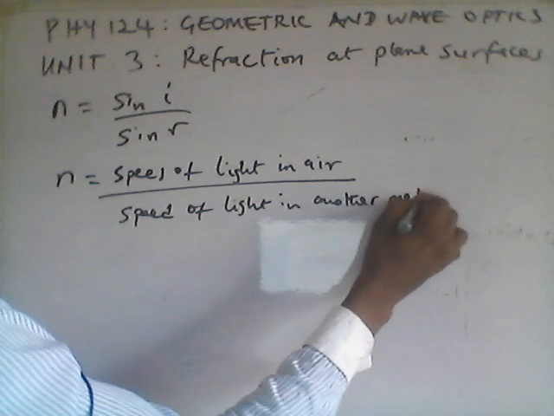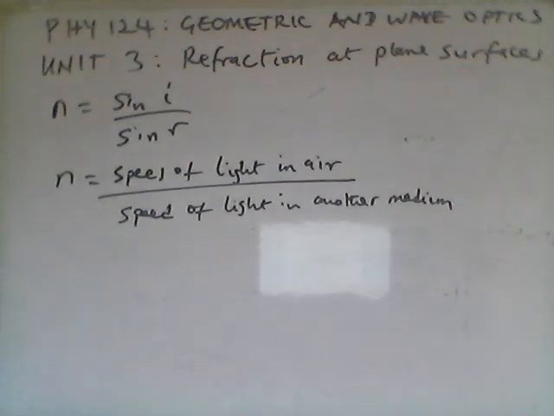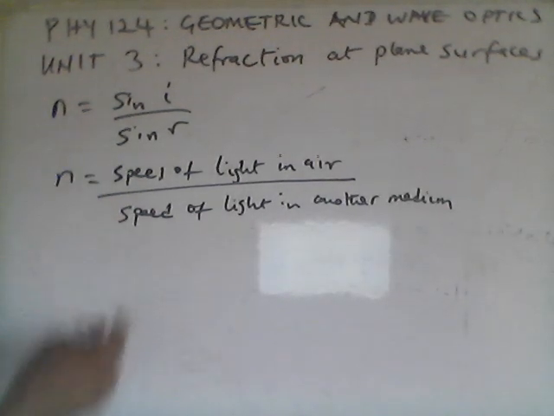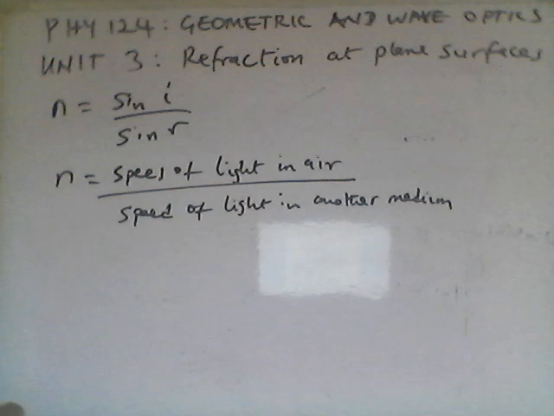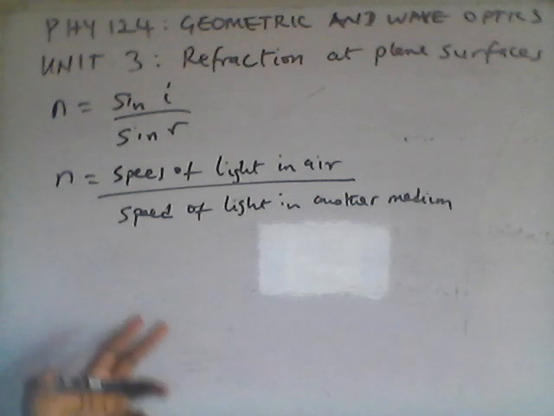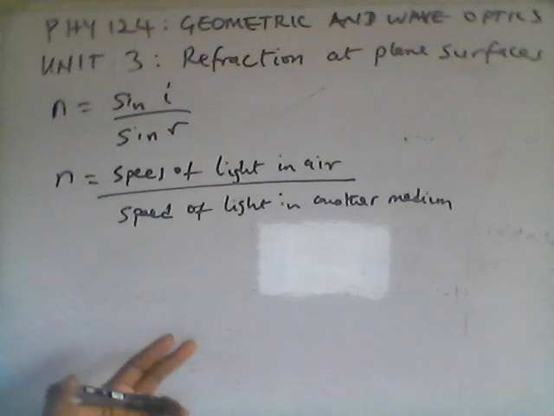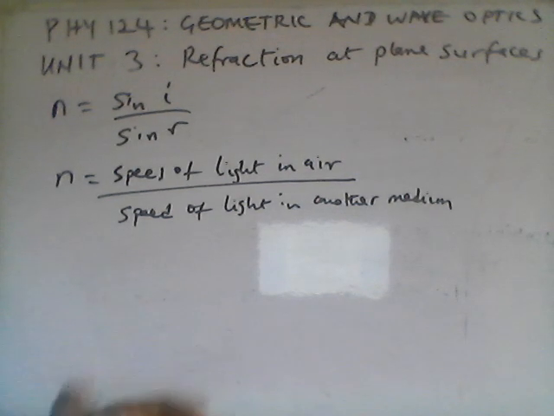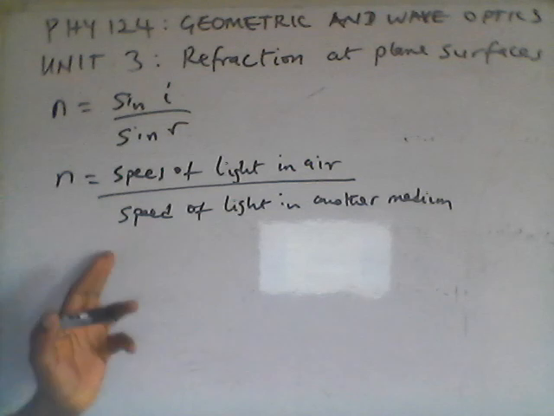So we are comparing two media, air and another medium. This other medium can be glass, water, and what have you. So you see that the ratio between the speed of light in one medium and the speed of light in another medium can also give us the refractive index, like this second case.